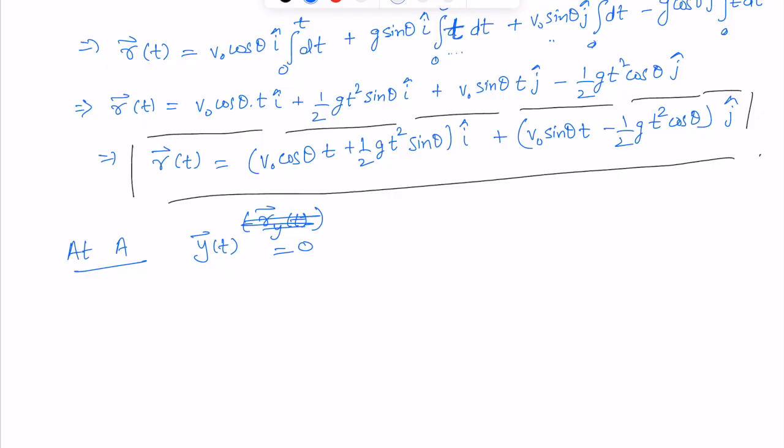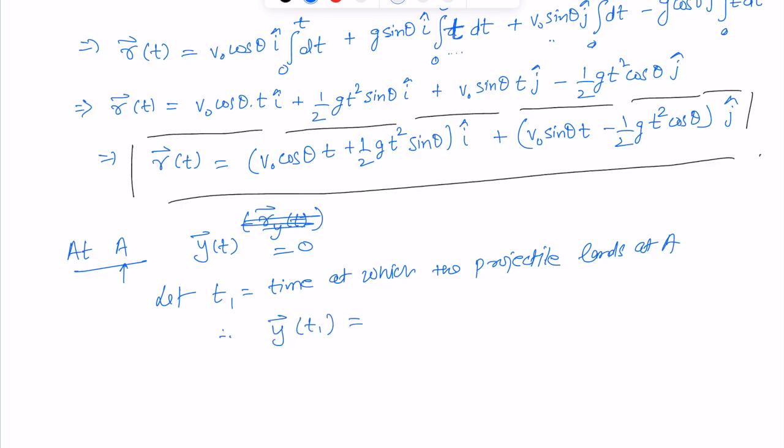So let's say the time at which the object reaches A is t1. Let t1 be the time at which the projectile lands at A. Therefore the y component is 0, and hence this is the expression for y(t): v naught sine theta t1 minus half g t1 square cos theta is 0.